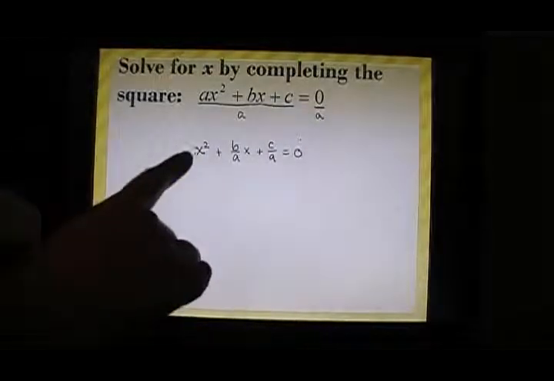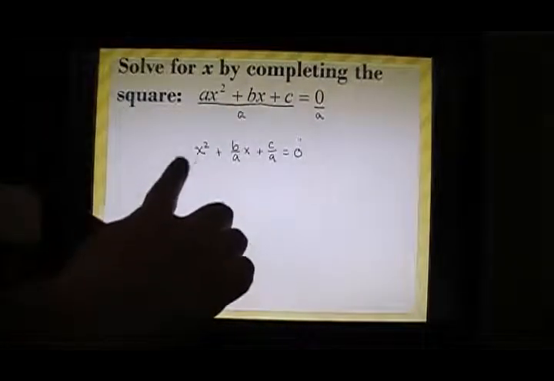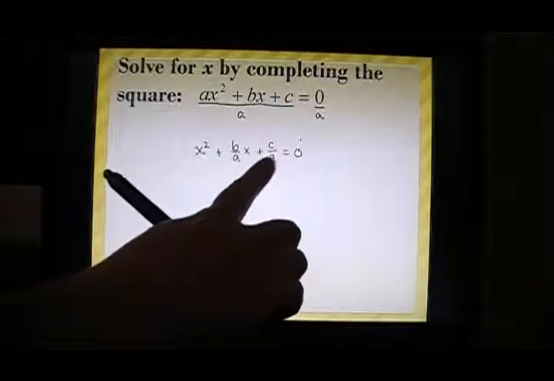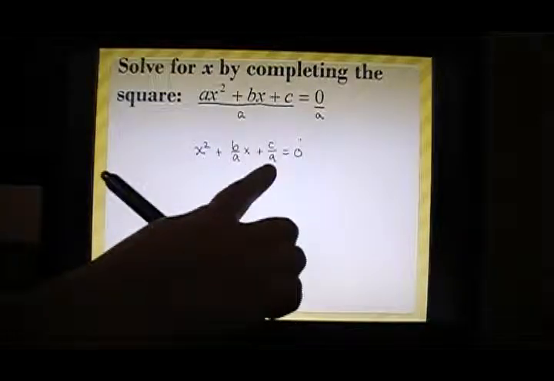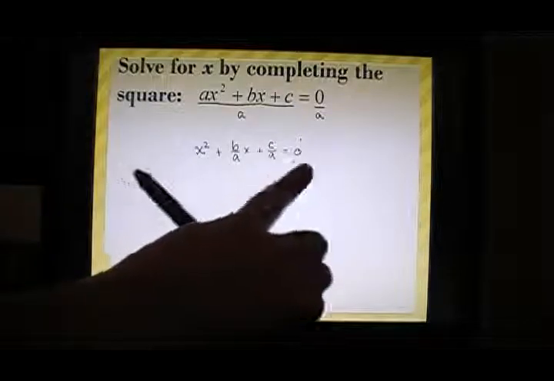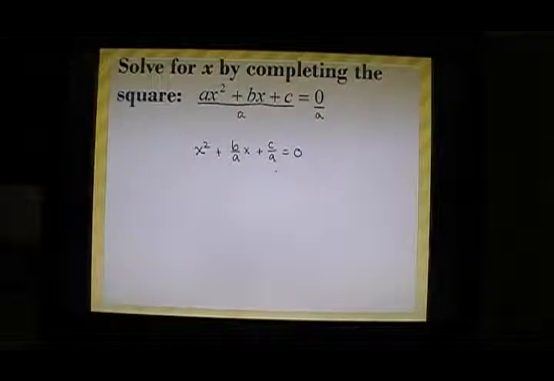Now that we have the lead coefficient being 1, we want to focus on getting a perfect square on the left-hand side. So to make it easier yet again, we're going to get this c over a on the other side and leave a space for the value that completes the square.